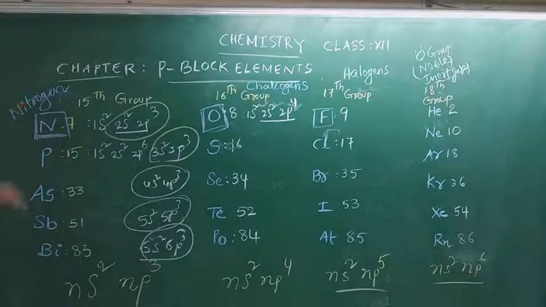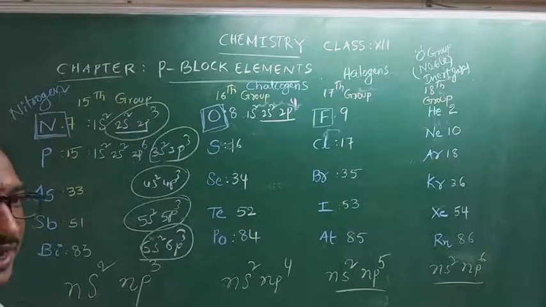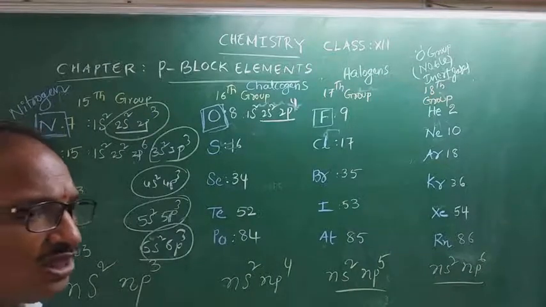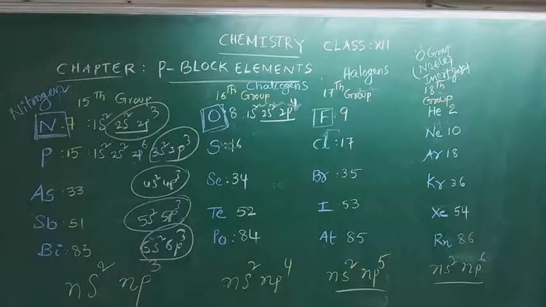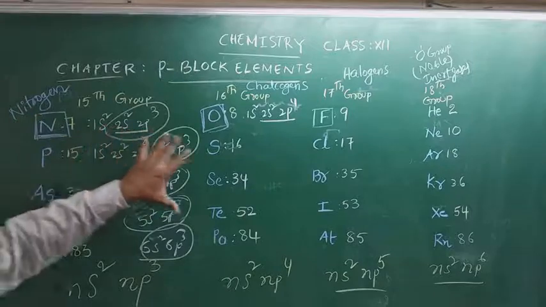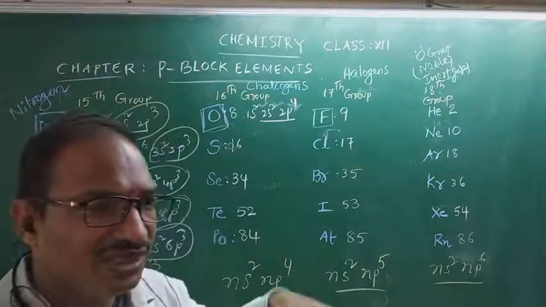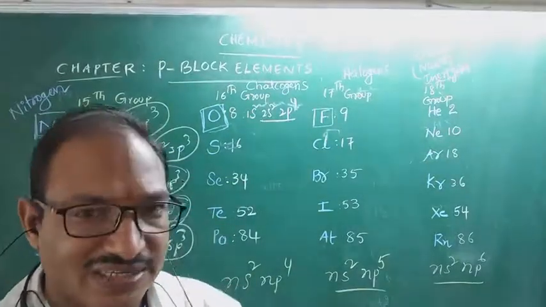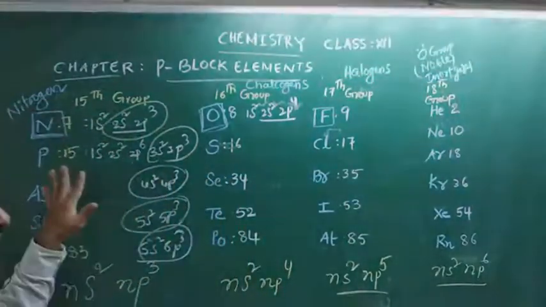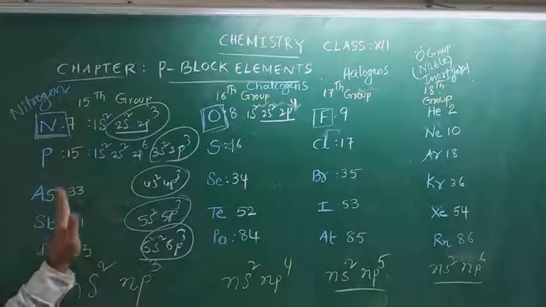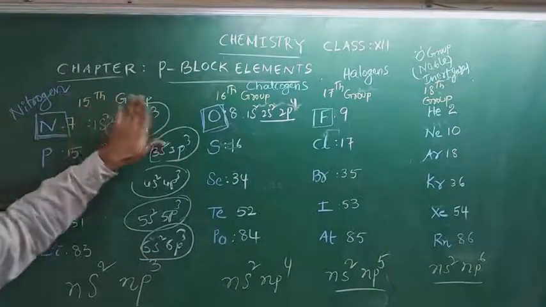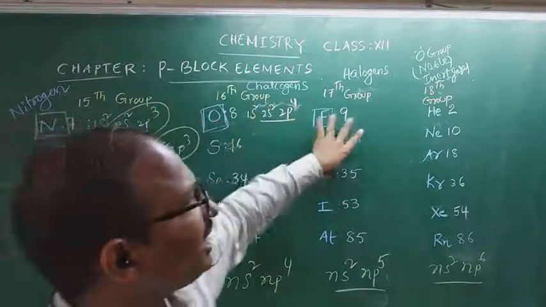Right? If we learn about these elements, this chapter is completed. See, for example, here almost all the periodic trends are the same. Sir, what are periodic trends? I'll tell you. Generally, at a time, all the groups, 15th, 16th, 17th and 18th.